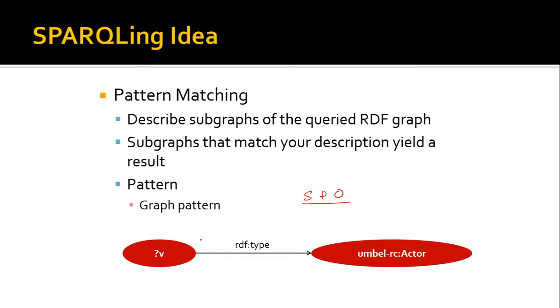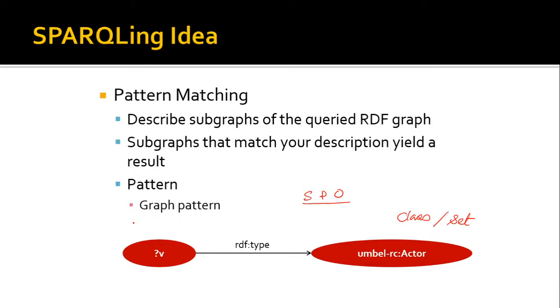So for example, here you are representing something like I want to retrieve something which is V. So this V is a variable, and this variable has got type actor, right? So this actor is a class, and this class is a kind of set, and this set has as members a number of instances, right?